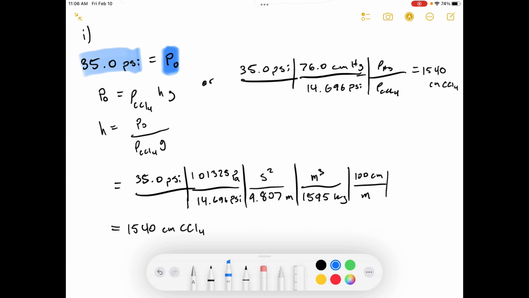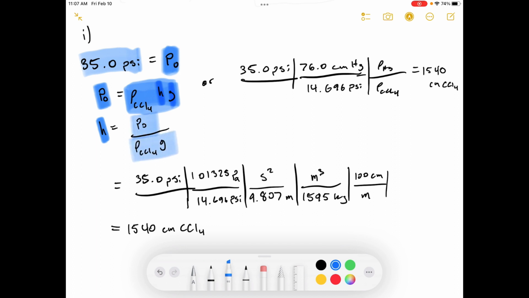Okay, so one way to do this is to say, okay, so we have our pressure, and this pressure is being caused by a certain amount of head of carbon tetrachloride. Well, a head pressure is equal to the density of the fluid times the height of the fluid times gravity. So if you want to know the pressure head, you just solve for what the head is. And we do that here.